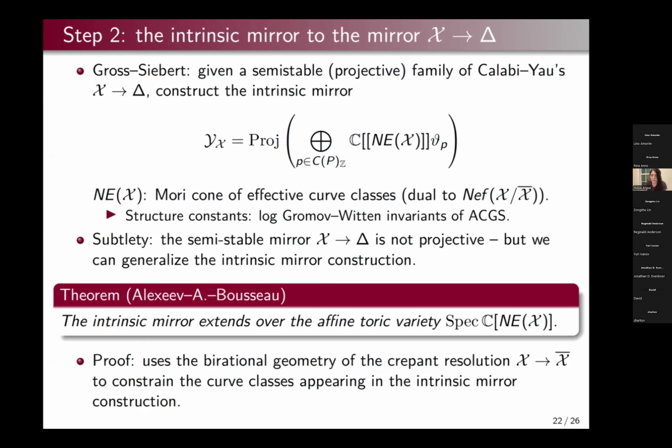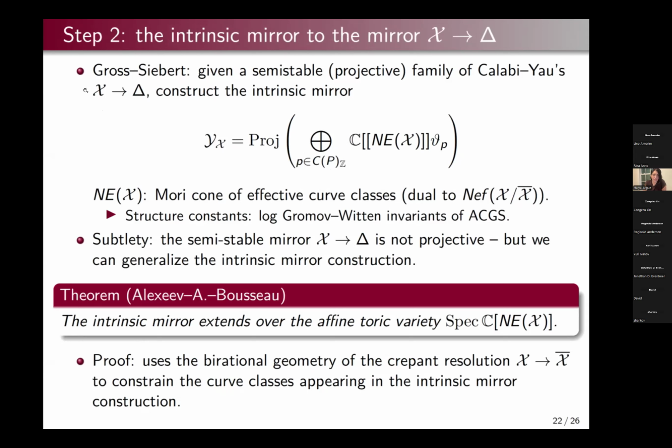And then there will be generators of this algebra in the Gross-Siebert mirror construction, and each generator, similar to the toric setup, is indexed by some integral points and some combinatorial data, and this data will be the cone. These will be indexed by the integral points and the cone over the polytope. So this is what Gross-Siebert says.